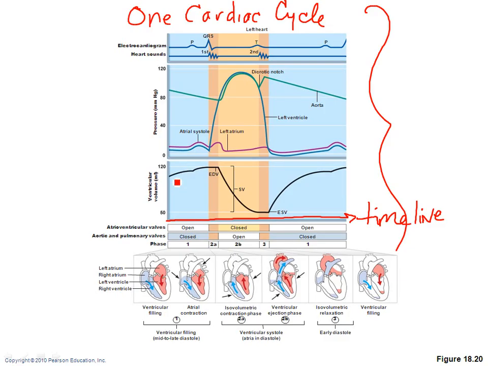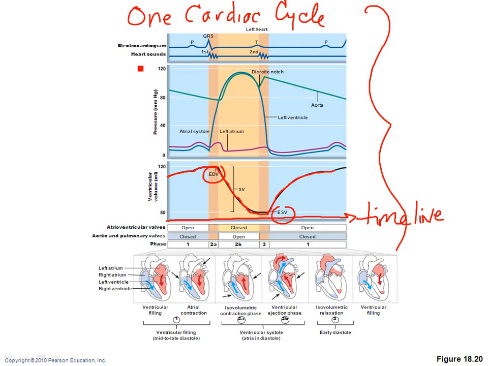So for example, this lower graph is showing you the volume of blood in the ventricles. Here's our EDV, our end diastolic volume, about 120 to 125 mils, and where we reach that point, and then how it falls off as the ventricles contract so that you reach your end systolic volume, or ESV, and then how it starts going up again when passive filling of the ventricles resumes.